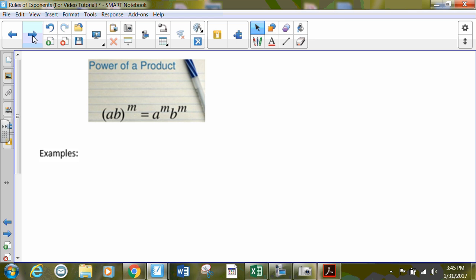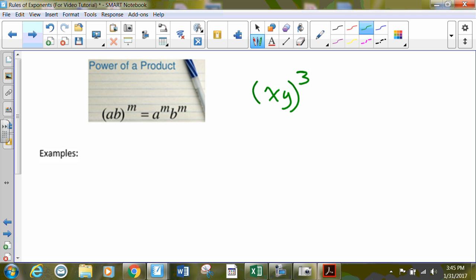So if we have, they use a and b, I'm going to use xy to the third power. This third power says this xy is being multiplied by itself 3 times. So I could write it the long way and say, well, we have xy times xy times xy.